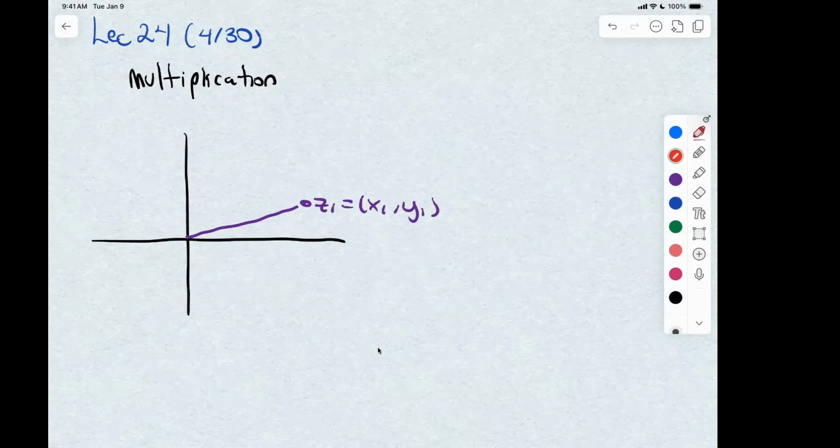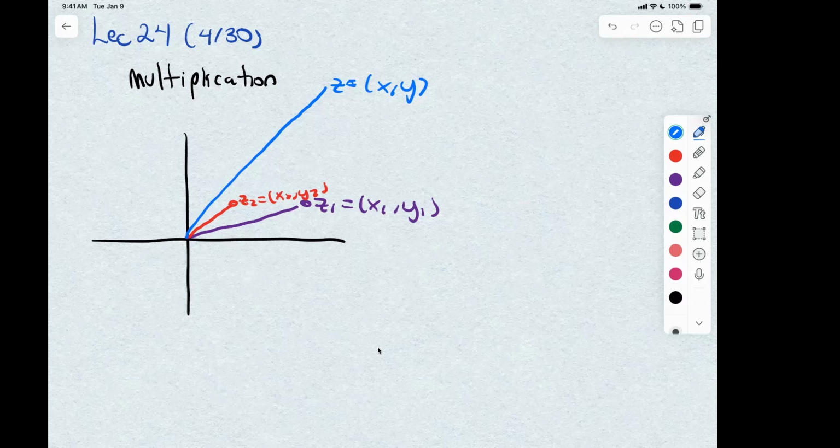You have another complex number, Z2, which is X2, Y2. And then the product, which I'm just going to call Z, which is going to be X comma Y, and my goal will be to find X, Y in a moment from X1, Y1, X2, Y2. You'll see how that works.